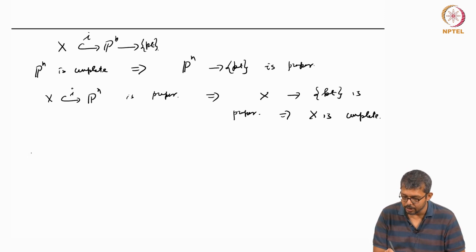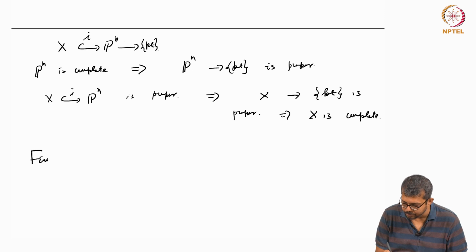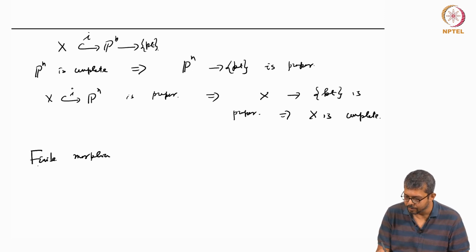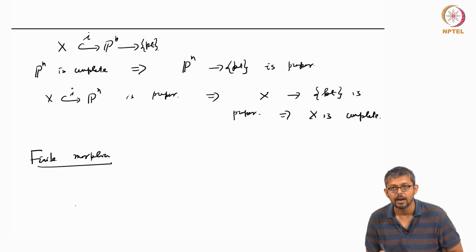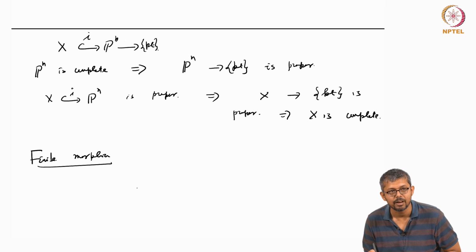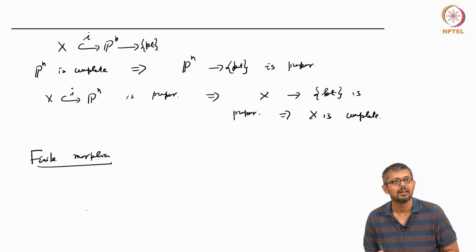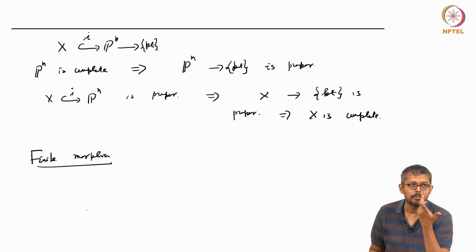Okay. So now let us come to finite morphisms. The point is that finite morphisms are proper, and any proper morphism with finite fibers is finite. See, maps with finite fibers are called quasi-finite, they need not be finite always.